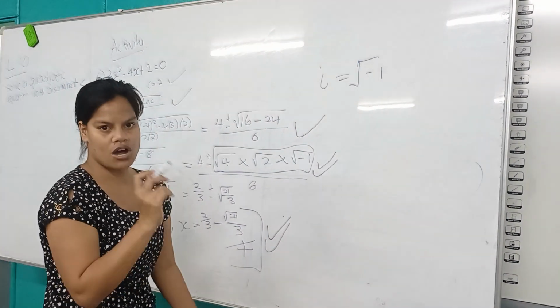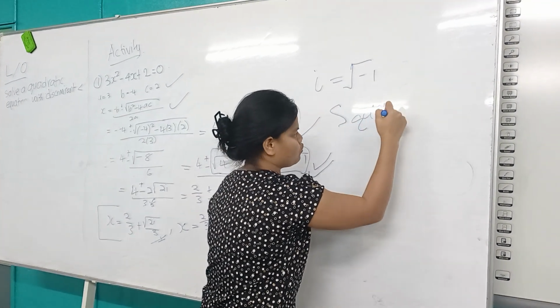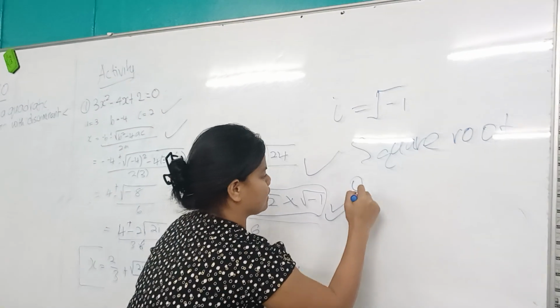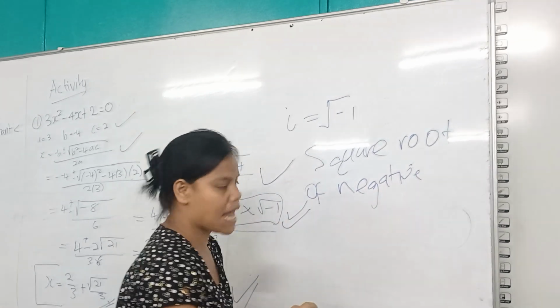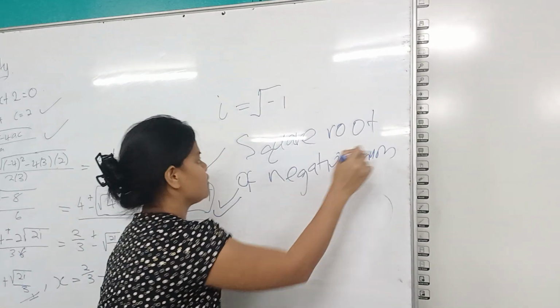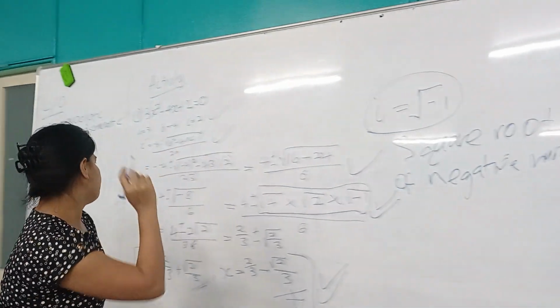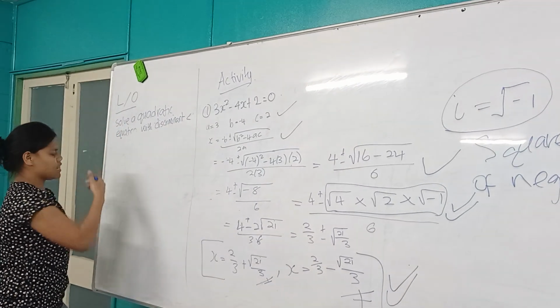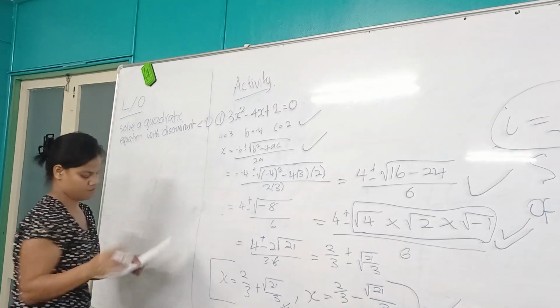It can be used for the square root of negative numbers. That means imaginary numbers are important for solving a quadratic equation with a negative discriminant.